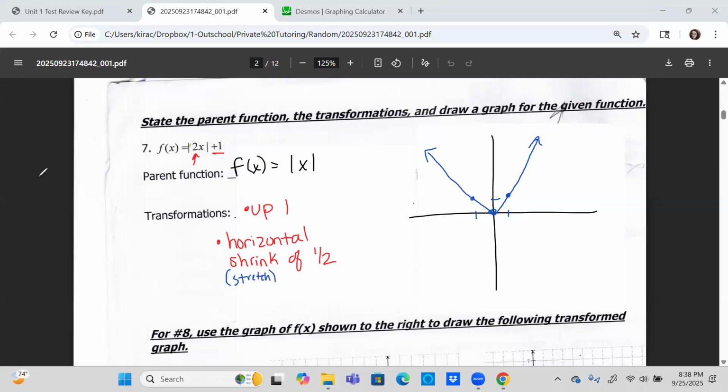I kind of have to plug in some points. Let's plug in 0. That would be 1. Okay, so I'm going to graph this in black. Let's plug in 1. That would be 3. Let's plug in 2. That would be 5.